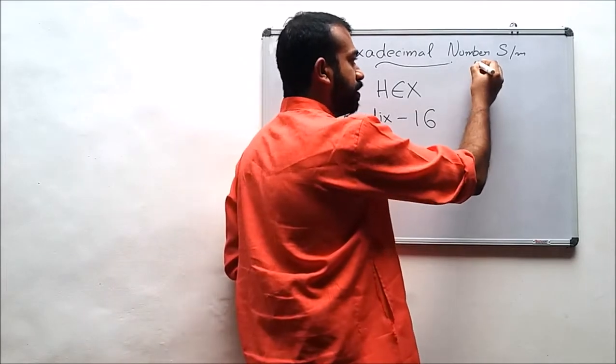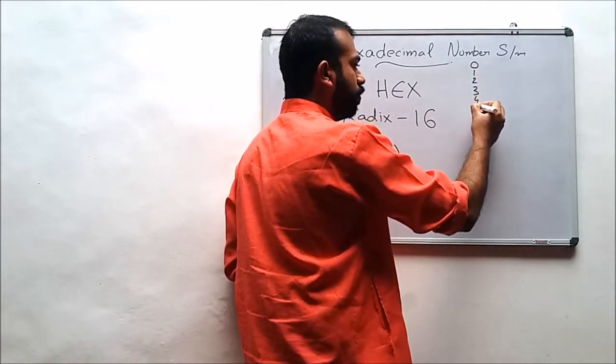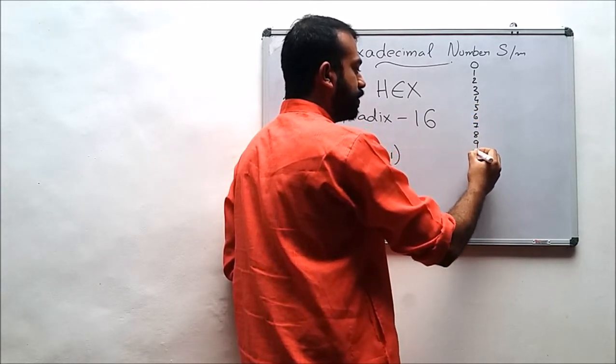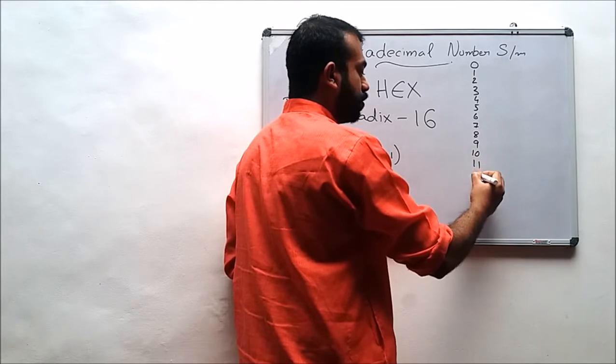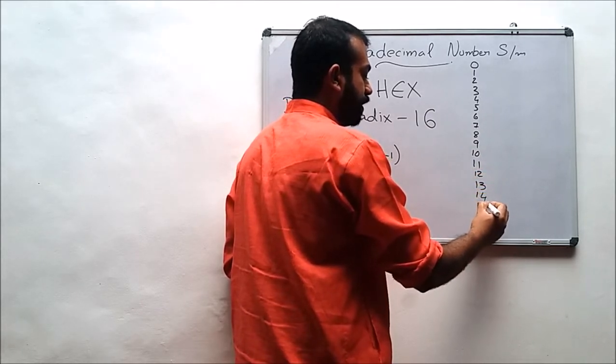So decimal numbers range from 0, 1, 2, 3, 4, 5, 6, 7, 8, 9, 10, 11, 12, 13, 14 and 15.